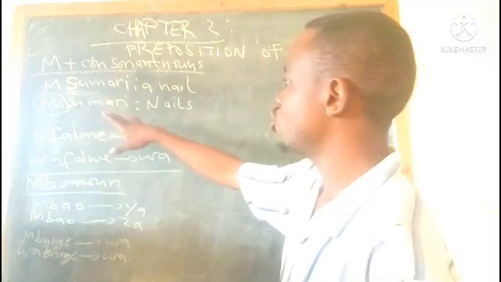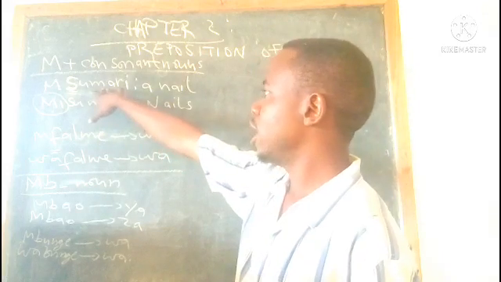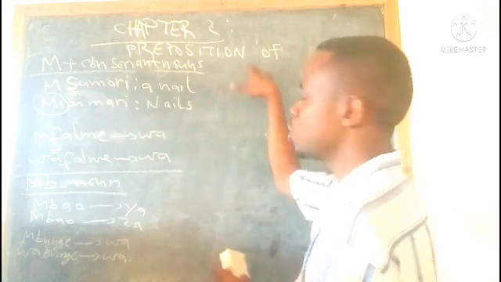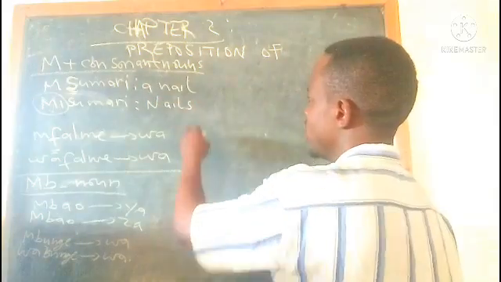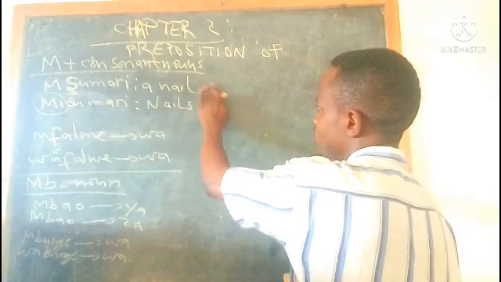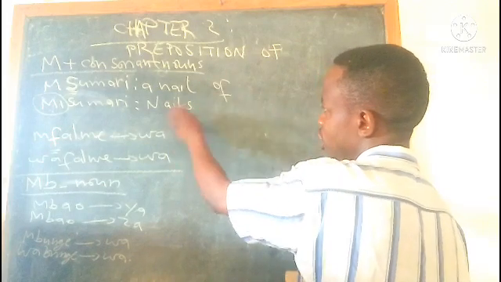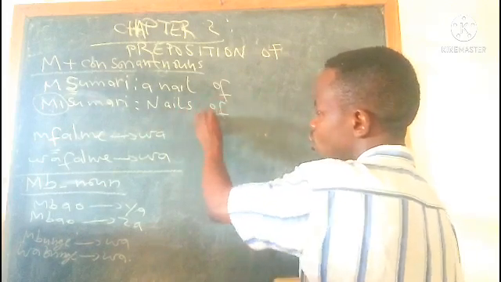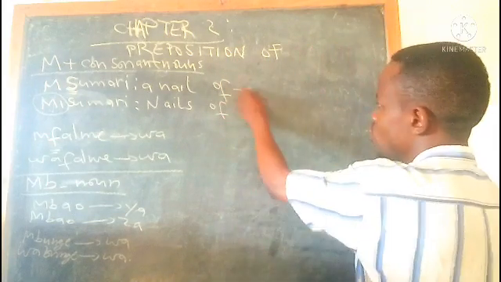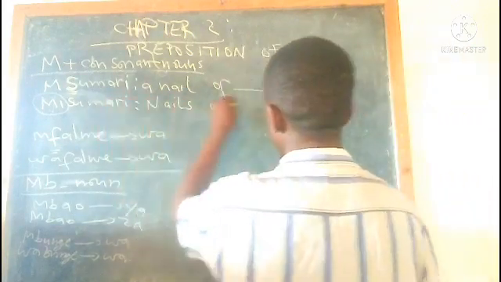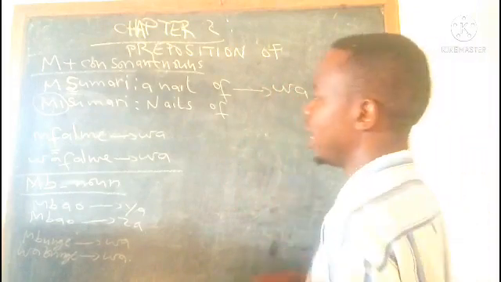So the preposition of: if you want to say a nail of, in English, nails of, the of doesn't change in singular or plural. But in Swahili, you say msumari wa. It means a nail of.